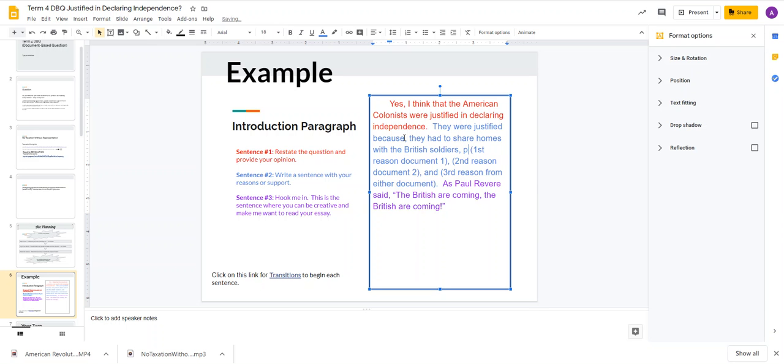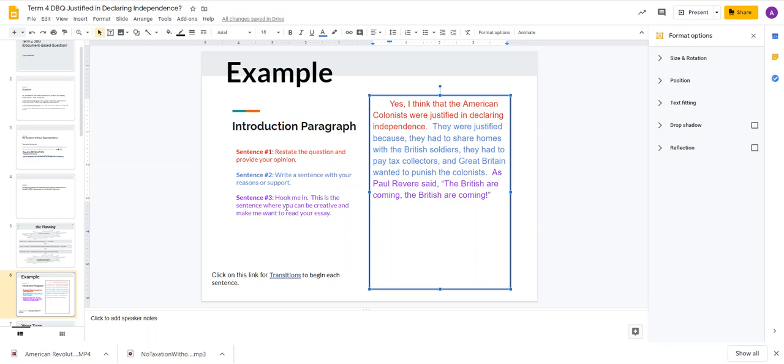They had to pay collectors, and Great Britain wanted to punish the colonists. Those are the 3 reasons that I provided from my graphic organizer.